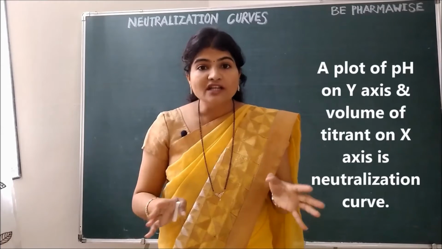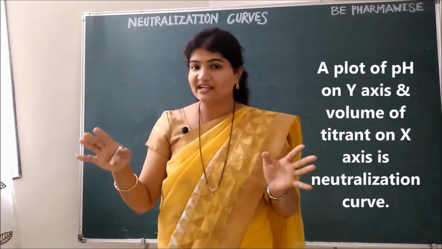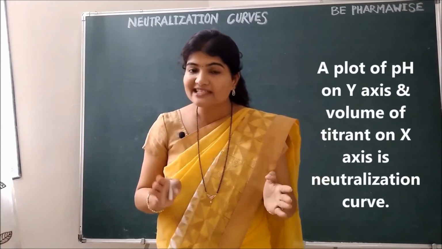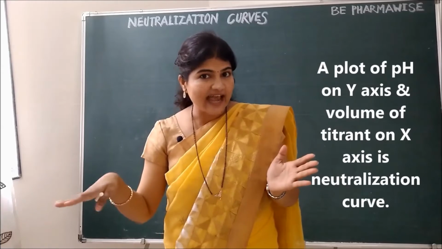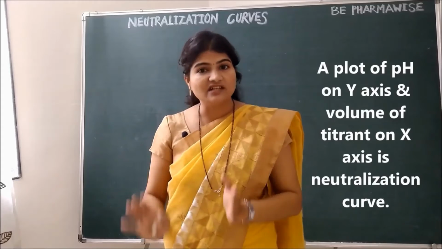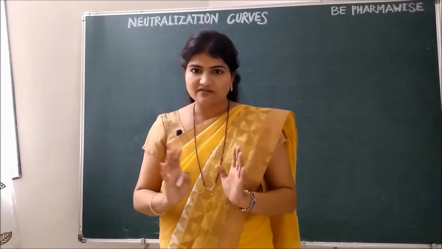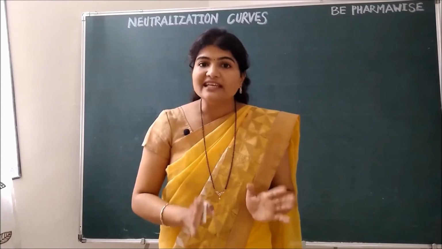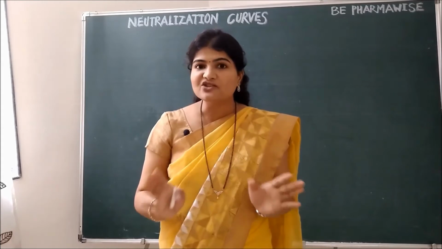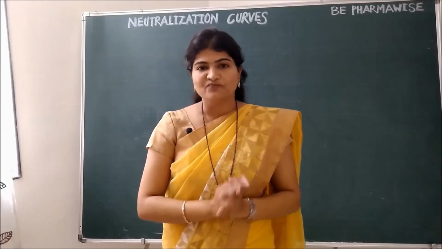A plot which gives you the course of titration, and is plotted by taking pH values on the y-axis and volume of titrant added on the x-axis, is called a neutralization curve or a titration curve. Today we are taking an example of strong acid, strong base titration curve. I'll try my best to explain this curve to you. So let's start.